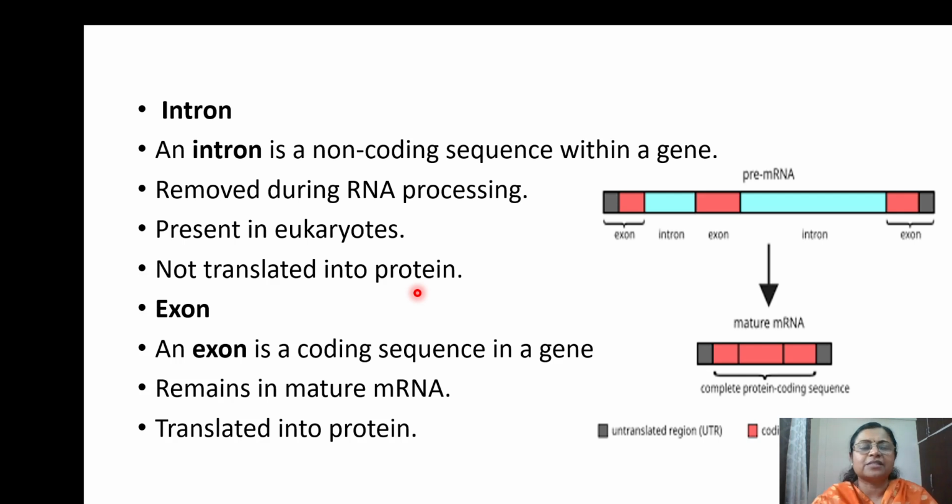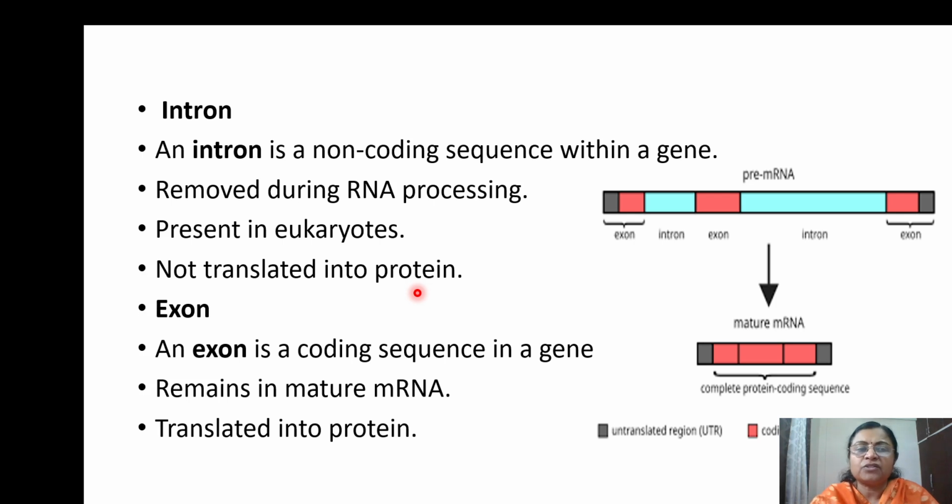Now the intron concept is there. An intron is a non-coding sequence within a gene. As we know, the information is stored in the DNA, and transcription of one DNA sequence segment takes place. Both strands are there in DNA, so they get separated out.